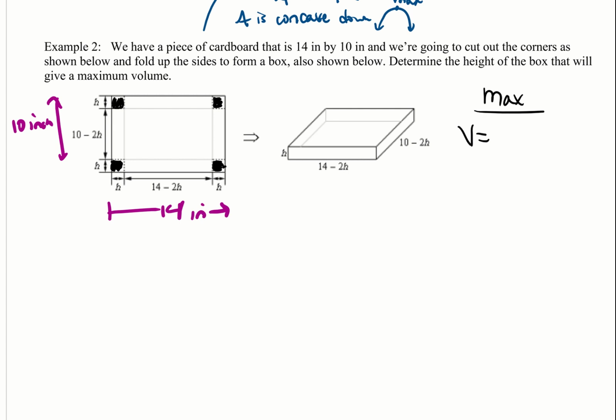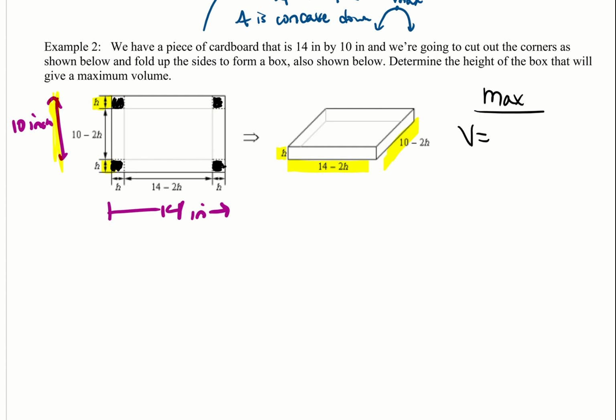So along this length of 14, I had to remove h twice, which is why the length of this prism is 14 minus 2h. The height is h, because that's when it would fold up. And in a similar fashion, I started off with 10 inches along the side of this cardboard, but I cut out h twice when I cut out those squares to fold up the box. So this is my length, width, and height.